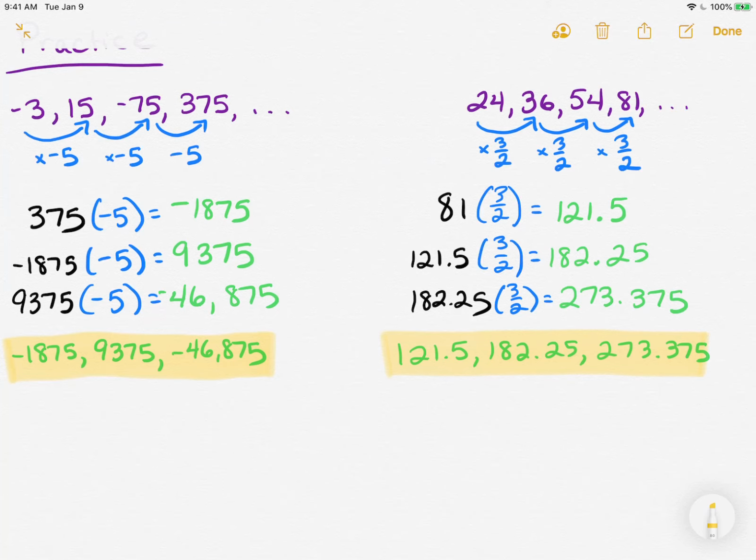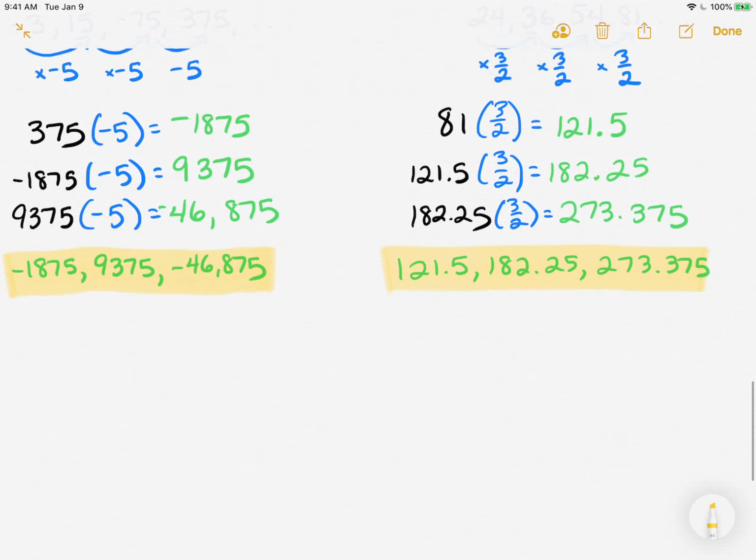Now, one option is I could just keep writing these out, 2, 3, 4, 5, 6, 7, to infinity and beyond, till I get to 27. That's one option. If I said, what's the 5th term in the sequence, that's probably not a bad way to go. Just multiply it out. But if I say, what's the 27th term, I'm not writing that out. I'm going to want to write an equation.